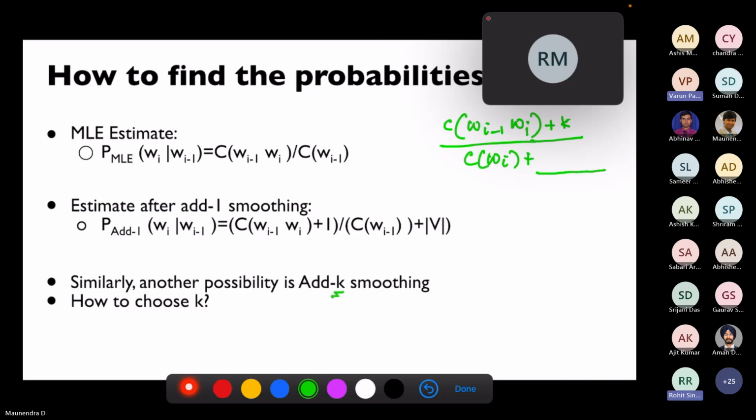K into V. Exactly. Based on your knowledge of the corpus, you can select the value of k, say 0.1. This can be a hyperparameter. Based on your domain knowledge, you can go ahead with a value of k.